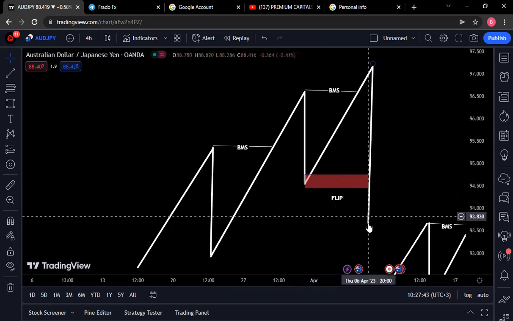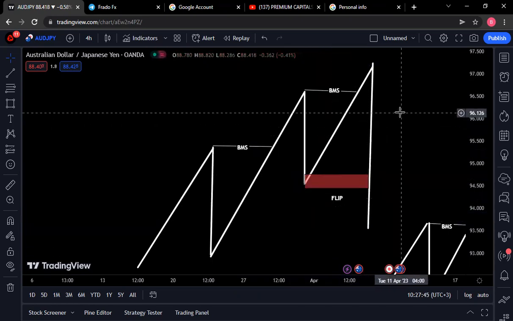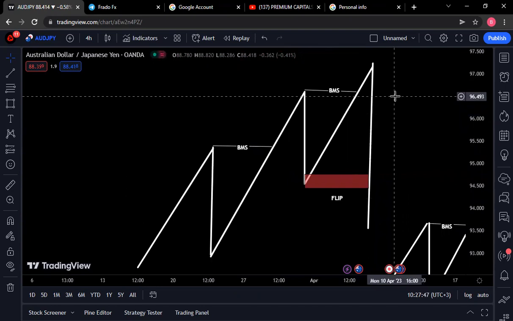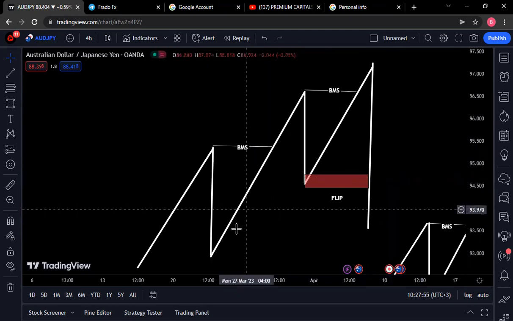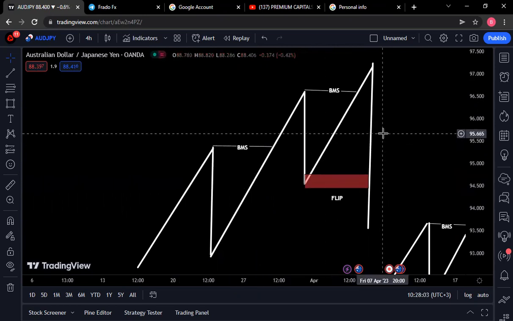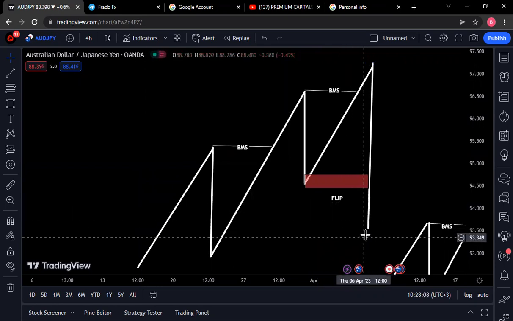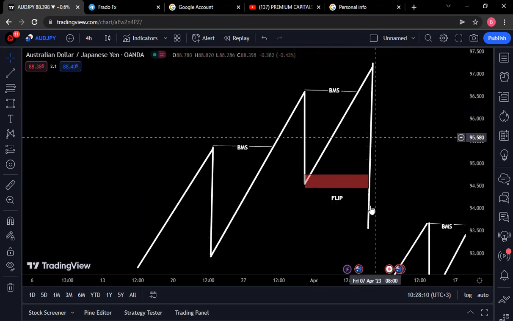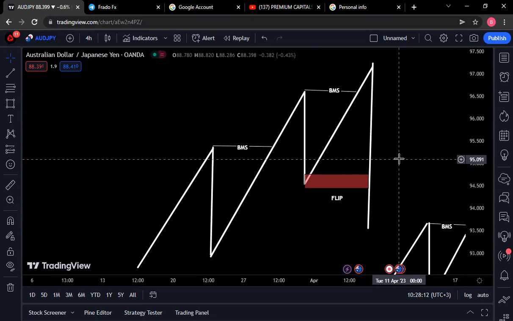So what we have to wait for here is just mitigation, so that we can sell to the supply here, because now supply is going to be in control. We're going to have what we call supply dominance, but before we had demand dominance. So what are we going to expect just after this FLIP? We have to wait for price to go back to the supply so that it can mitigate.